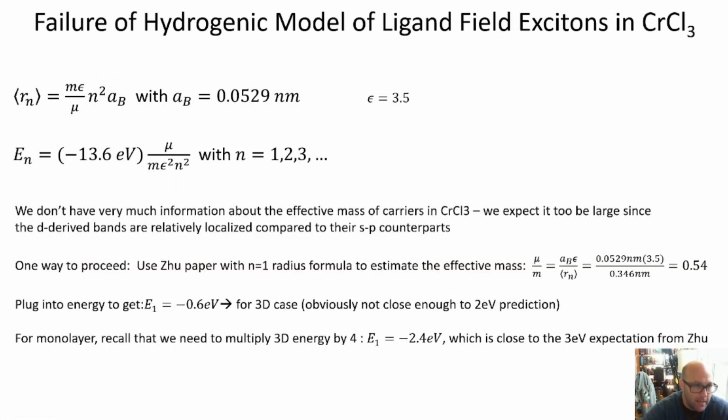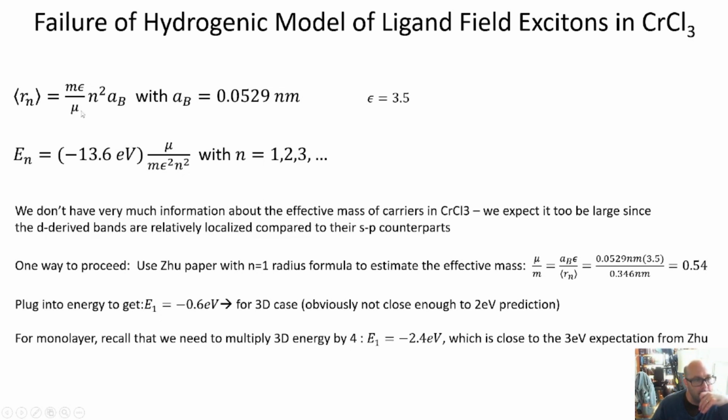So if I just plug that in with the hydrogenic formulas that we have, we end up being able to calculate the effective mass directly from the estimated radius, and get that the effective mass is about half of the electron mass. Right?